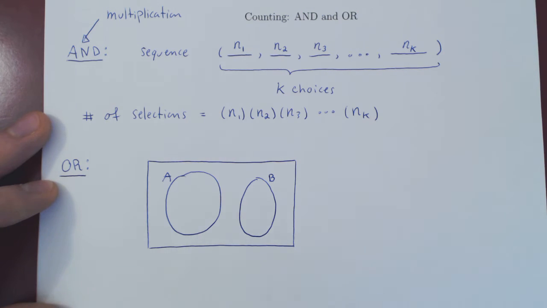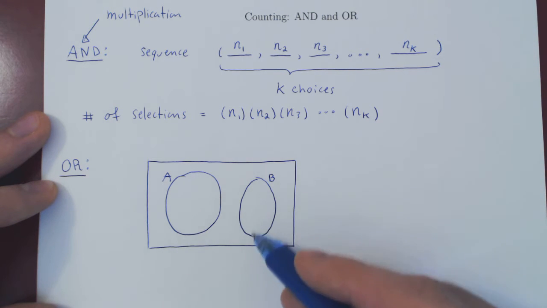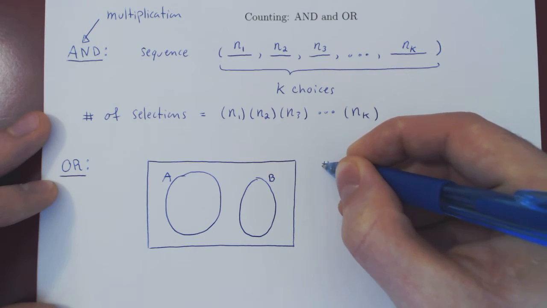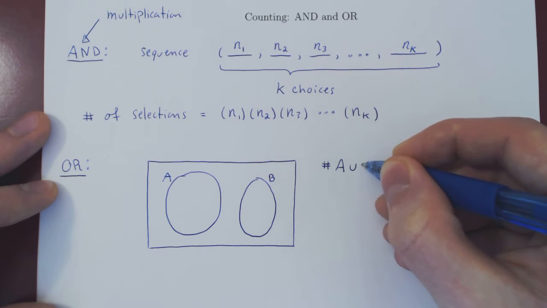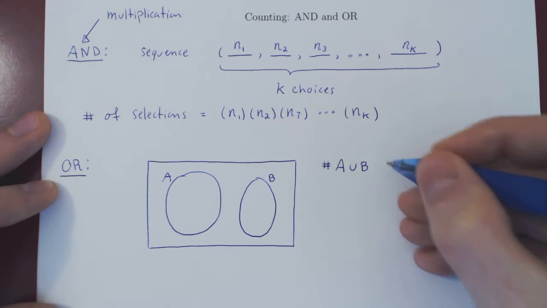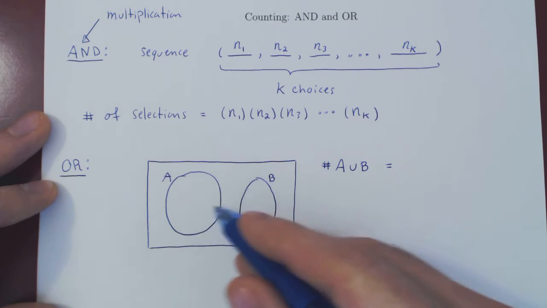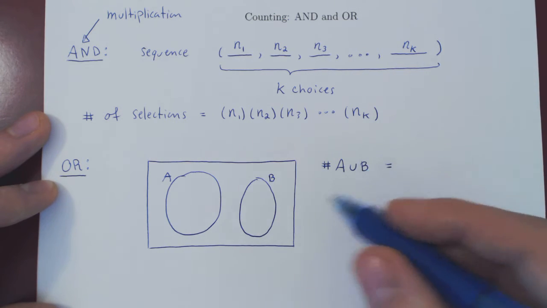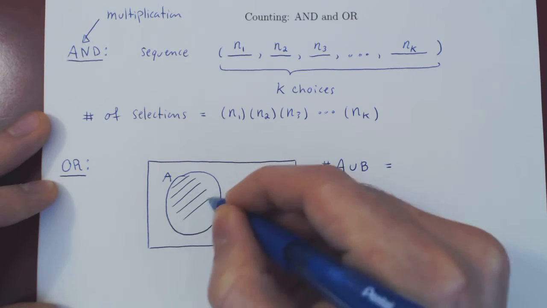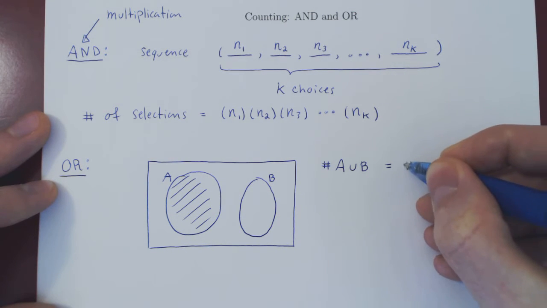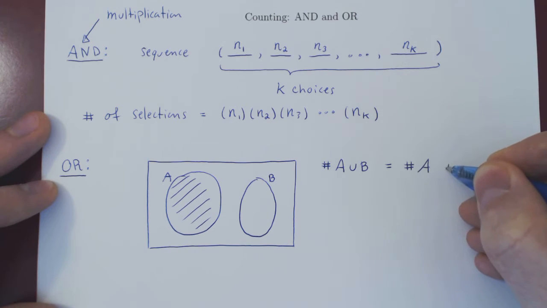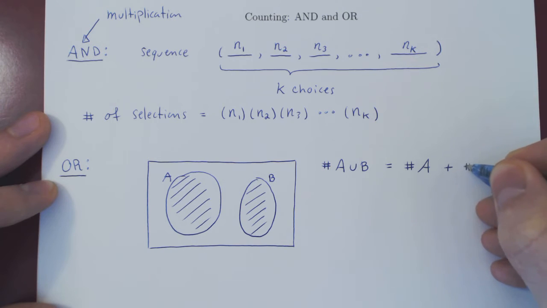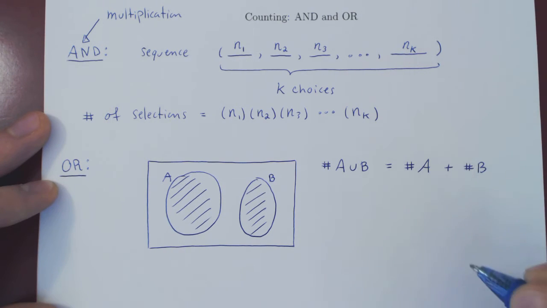So if you said I want to count the elements coming from A or coming from B, all you're really asking is the number of elements in the union between A and B. Well, if they are disjoint, so there's no overlap between A and B, this is a very simple problem. Add first all the elements of A, then add to this all the elements in B. And you're done.